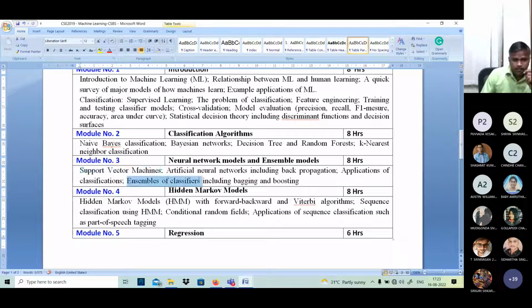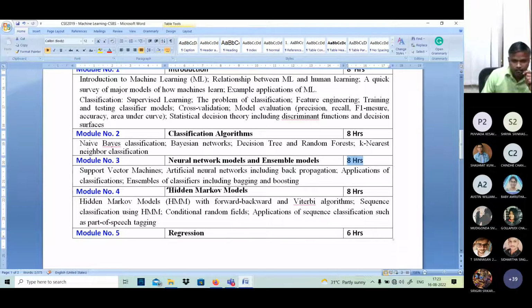Then some ensemble classifiers like bagging and boosting methods. Bagging here is again random forest, and boosting techniques are AdaBoost, gradient boost, and extreme gradient boost algorithms. So neural network models and ensemble models are to be completed within 8 hours.